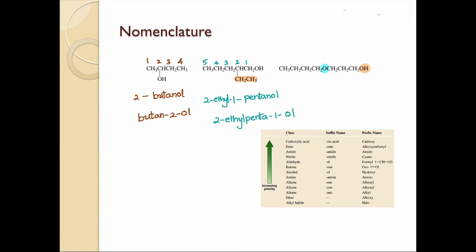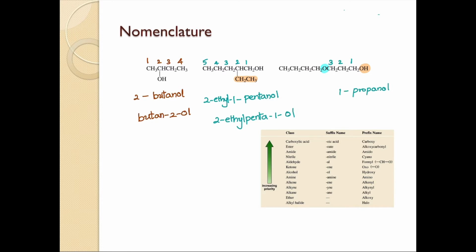Meaning that it should be given the lowest possible number. So I'm going to start the numbering 1, 2, and 3, and the rest of the things is going to act as a substituent. So this whole part is going to be acting as a substituent on the third carbon, right? So this can be named as propanol. To be more specific, it's going to be 1-propanol, right?